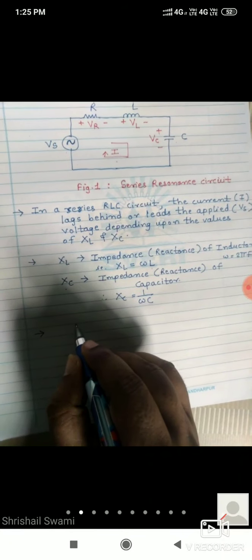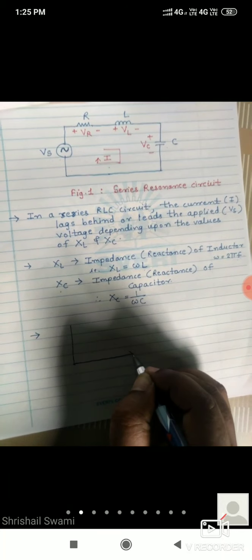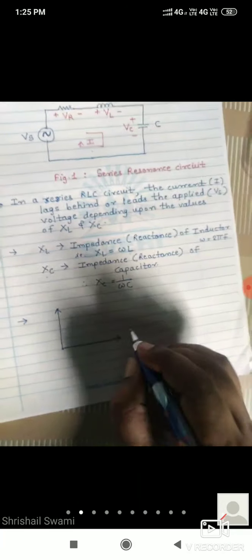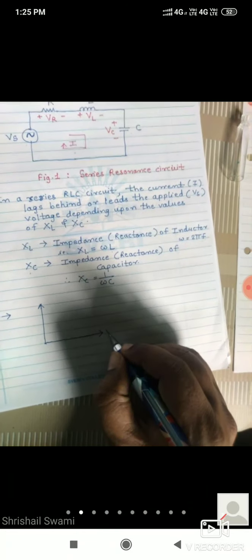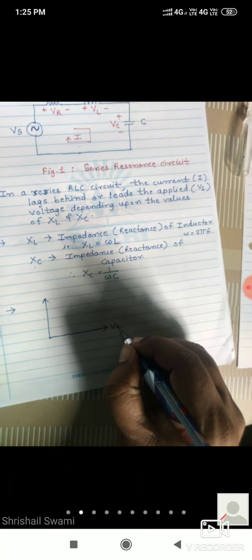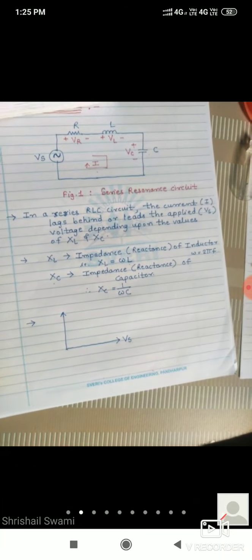So I will show with the help of a graph. Suppose the current I lags behind or leads the applied voltage. Suppose the applied voltage is Vs here. So we are drawing voltage versus current.